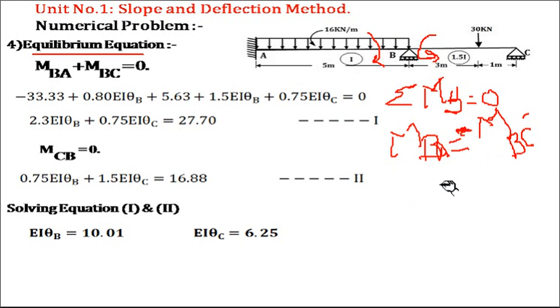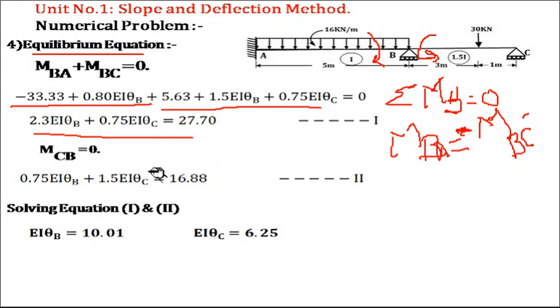If you take this to this side of the equal sign, we get the equation MBA plus MBC equal to 0. Now we know the moment equation for MBA, which we already found by applying the slope and deflection equation. The equation of moment for MBC is 5.63 plus 1.5 EI theta B plus 0.75 EI theta C. So here we get this first equilibrium equation.